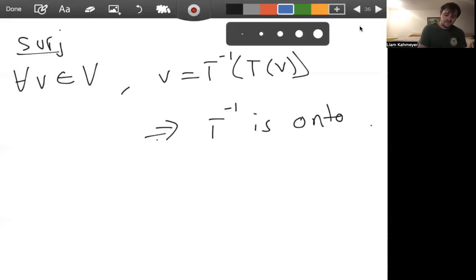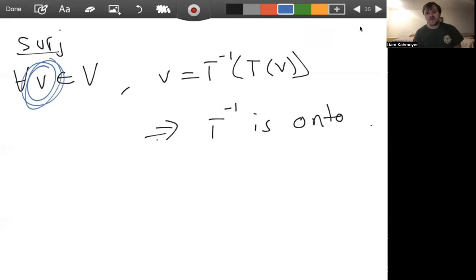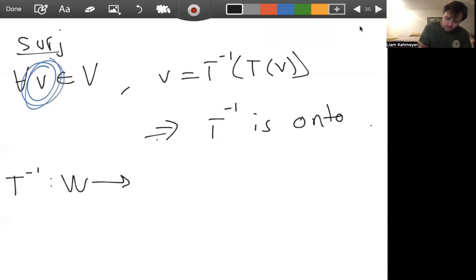Because for every element of the codomain, remember, T inverse is from W to V. So the codomain is V. And so for all V in V, we need an element W such that it's mapped to V, right?